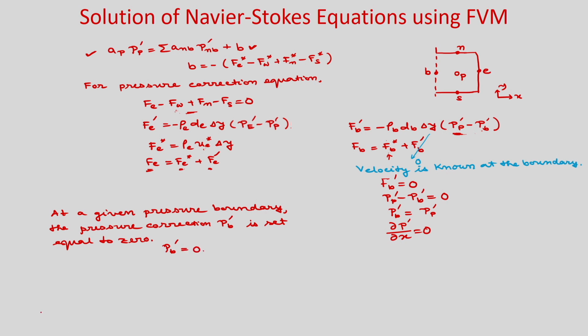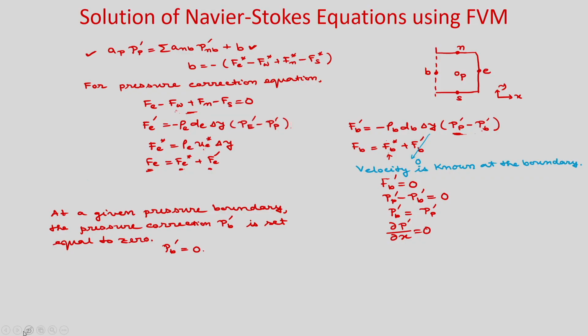So, you can see that if pressure is specified at the boundary, then you do not need any correction in the pressure. And if velocity is specified, then you know the mass flow rate, and if you know the mass flow rate, you directly put it in the pressure correction equation, so that you do not need any pressure correction boundary condition.